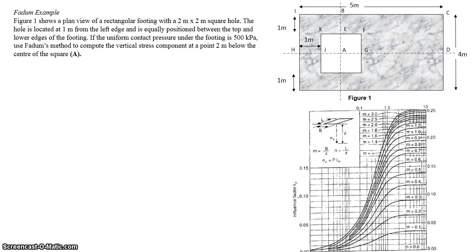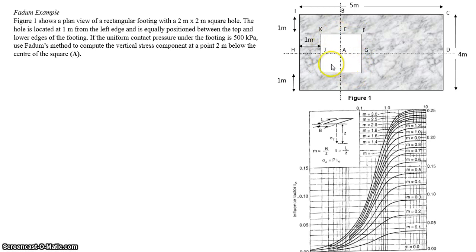So this is a video of an exercise of the Fadum method in order to solve the vertical stress at the center of the square, at point A. Note that this is a rectangular footing with a 2 meter by 2 meter square hole.